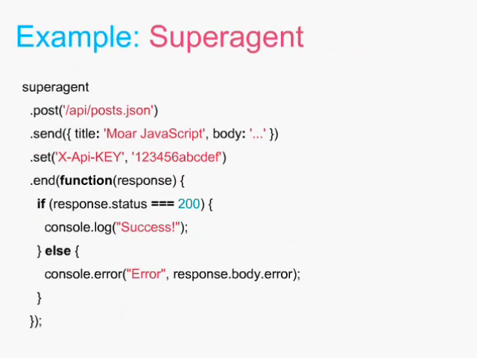In the browser, you might be used to using jQuery for AJAX requests, right? So you might do $.post or $.ajax. But on the server, you wouldn't use jQuery AJAX. You might use just Node's HTTP module, or there are a number of different popular modules; request is a popular one.